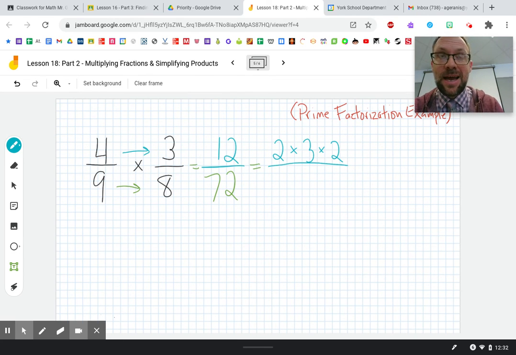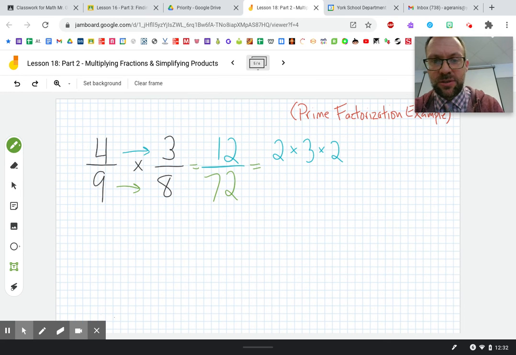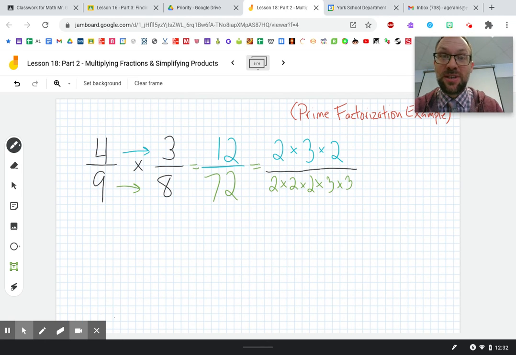Let's see. 8's prime factorization is 2 times 2, which is 4, times 2 is 8. And 9's prime factorization is 3 times 3. So 72 looks like that: 2 times 2 times 2 times 3 times 3.